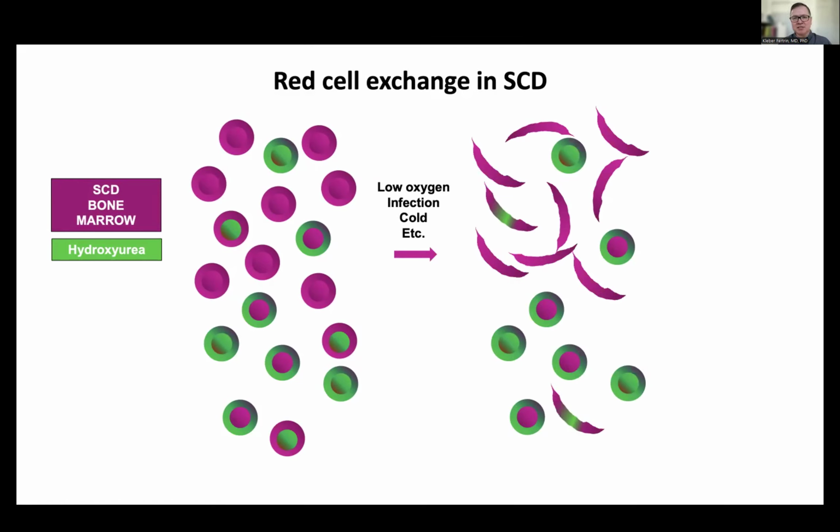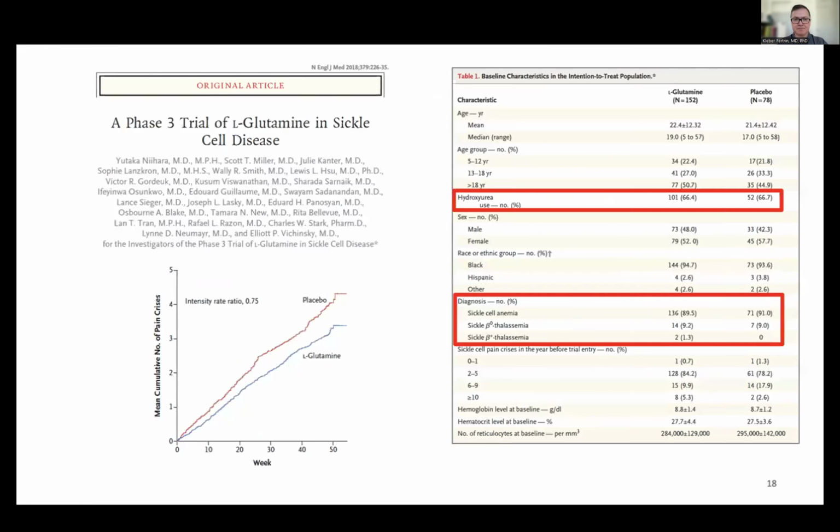And that's kind of the limitation of hydroxyurea. You can't really tell who is going to have a good response. You also can't tell how high of an expression of fetal hemoglobin certain cells will have. So it's always going to be a combination of cells that improve and cells that don't improve with this therapy.